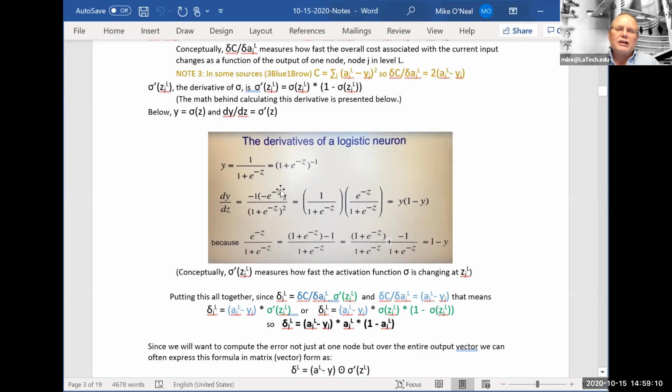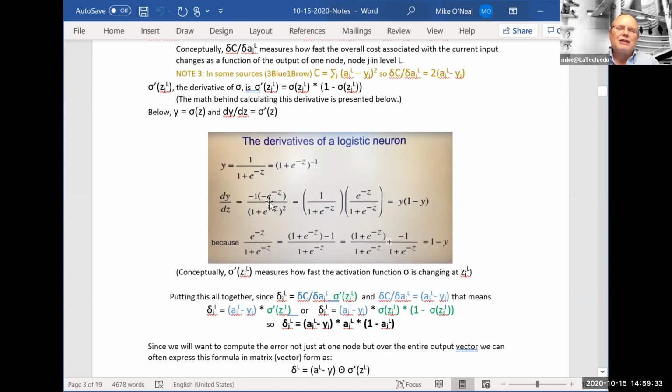Well, that depends on calculus, and I've forgotten why that's the case. But we will take as gospel that if you take this function and you take its derivative, you'll end up with 1 times minus e to the minus z over 1 plus e to the minus z squared. Okay, so take that on math gods.